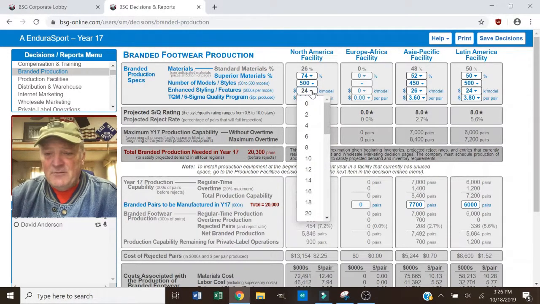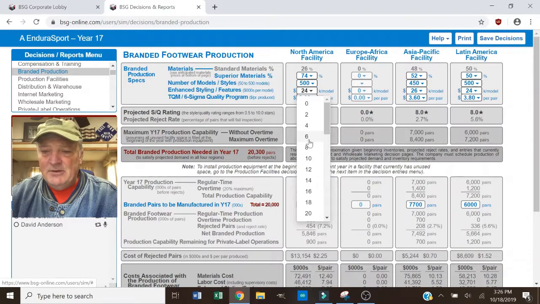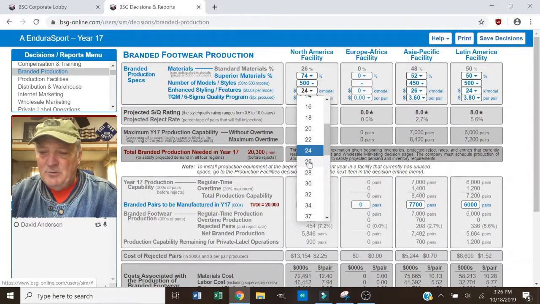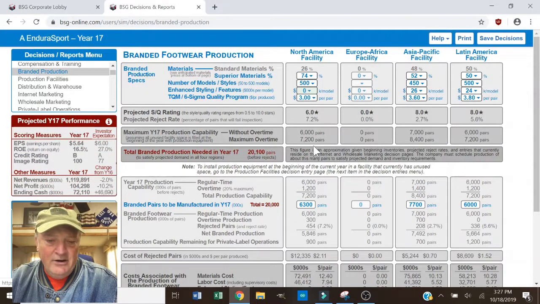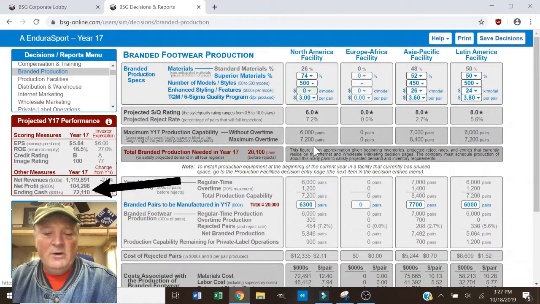So I first start off with enhanced features. Now I know that I'm like at a 7.2 there. Now we said we wanted to produce at 6. I'm almost there. Okay, there's a 6. And I look down over here and I'm at 72,110,000.